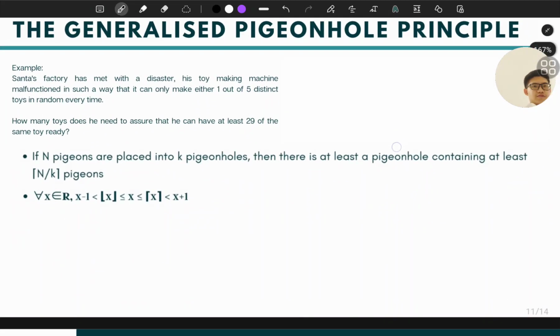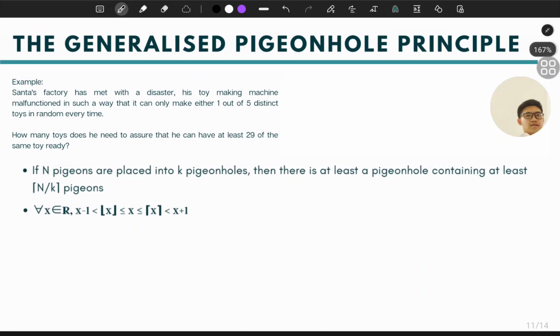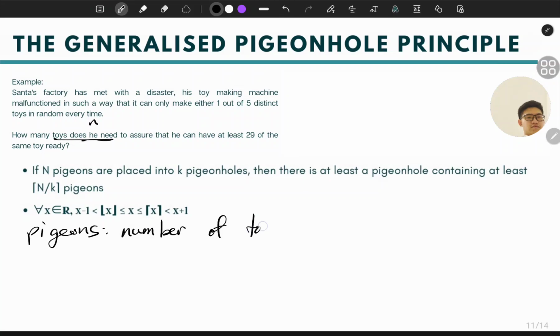Here is how you would apply the pigeonhole principle for this question. Let's call the number of toys he needs n. So the pigeons here are the number of toys needed, which is n.